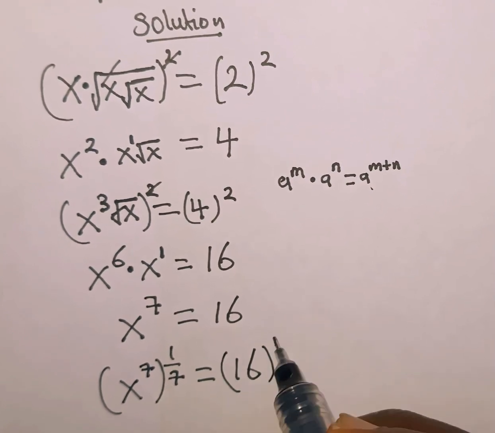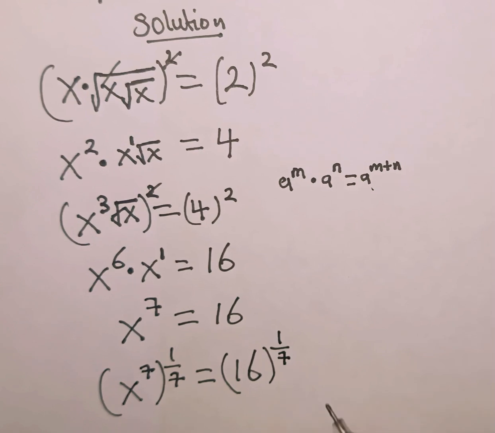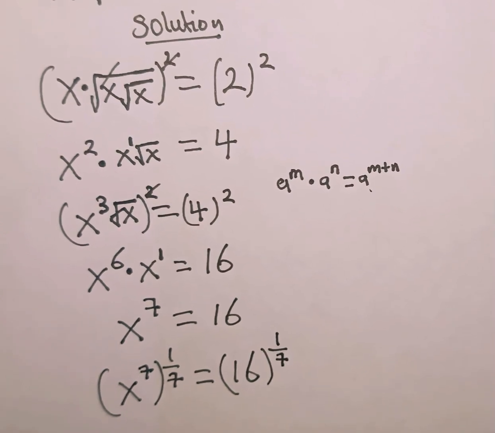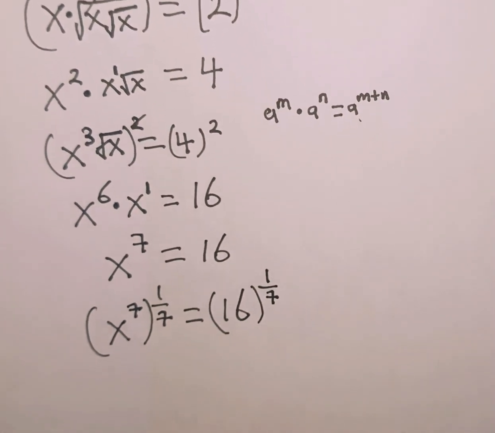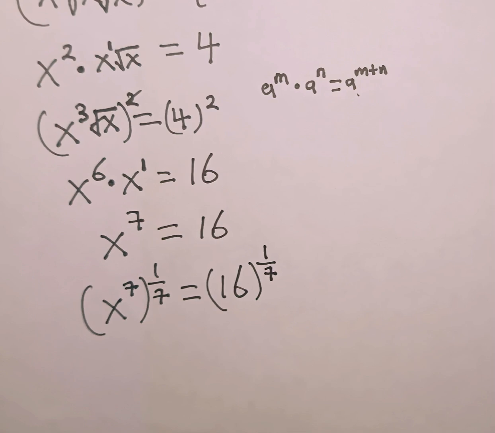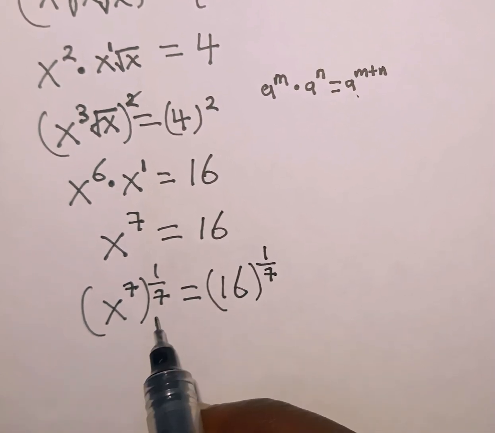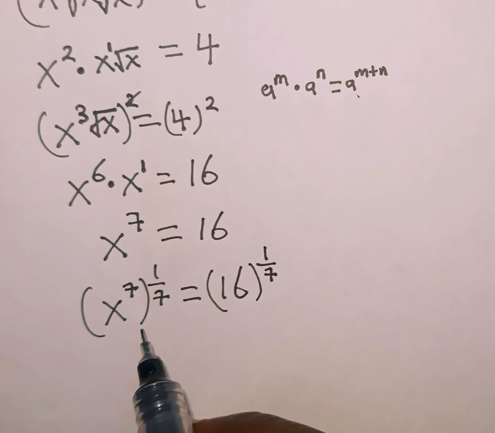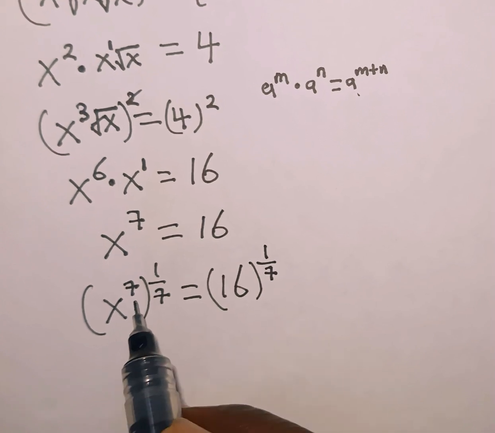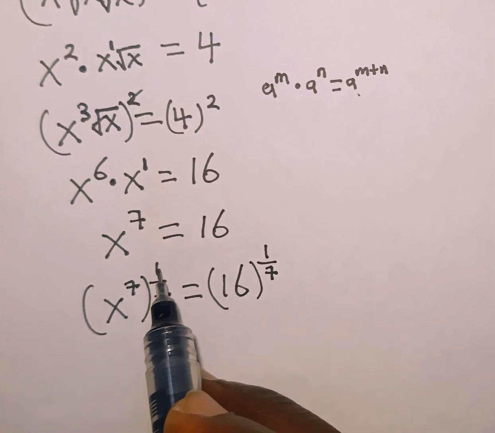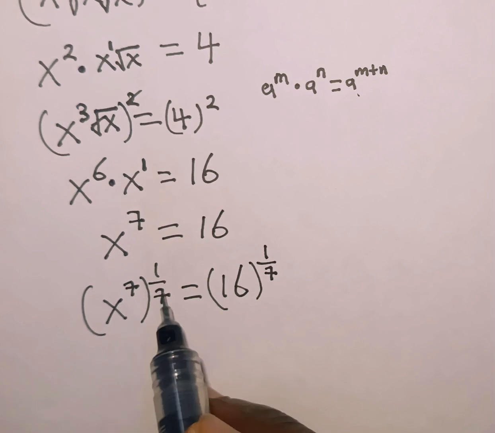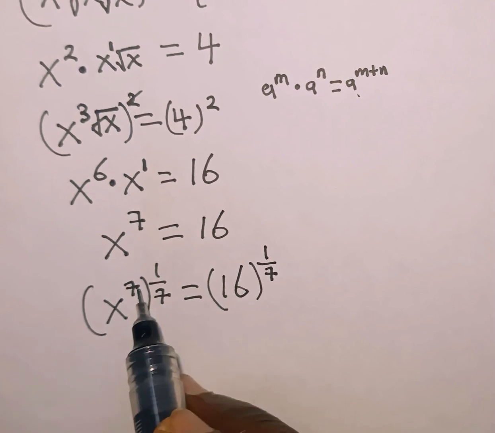So we raise this 16 also to 1 over 7. And recall the power property of indices. When you have a term raised to a power and all is raised to another power, we are free to multiply the two powers together. So when we multiply this 7 by 1 over 7, it gives us 1. The whole of this will be 1.